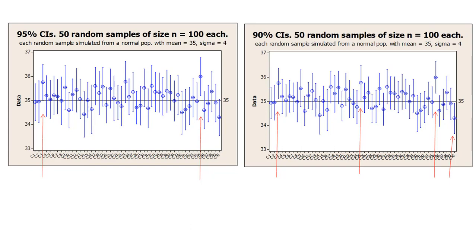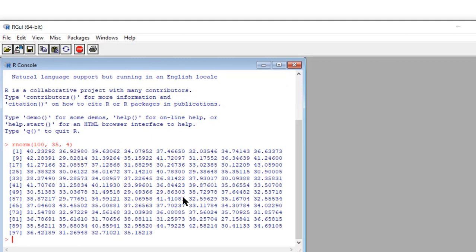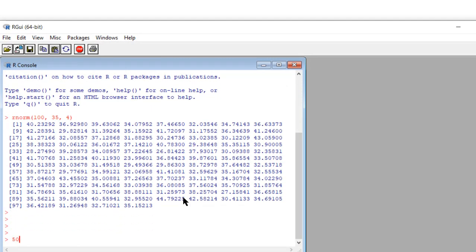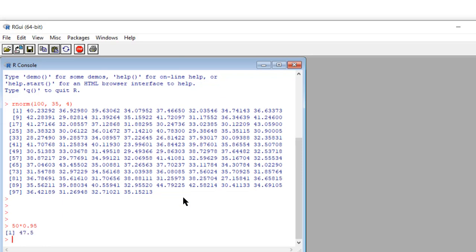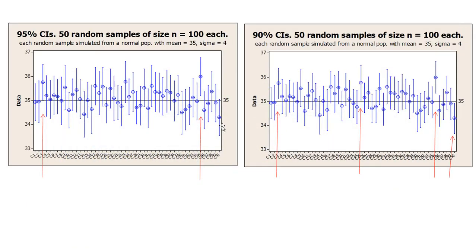In this case, since there are 50 random samples, we expect 0.95 or 95% of them to contain the population mean. Now that's going to be a 47.5, but here, since there are 2 confidence intervals that do not contain the population mean, 48 of them do.